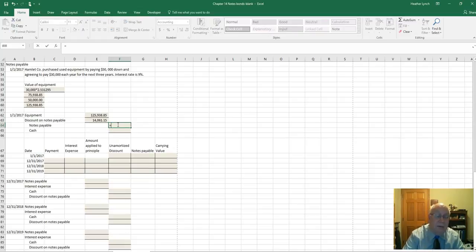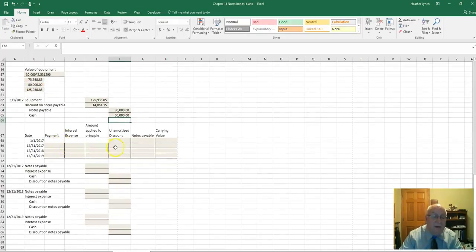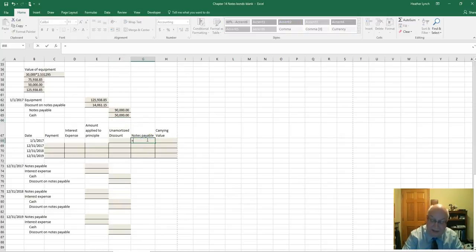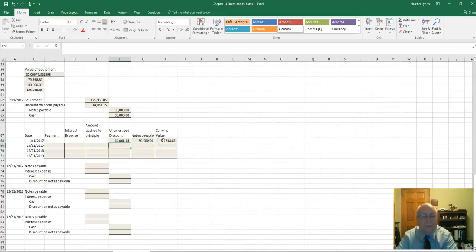And the notes payable is equal to the 30,000 times the 3, because we recorded a gross amount, and of course the cash is simply the 50,000. So the notes payable, like I said, is equal to the 30,000 times the 3. Carrying value was the $75,000. The unamortized discount was actually the difference.